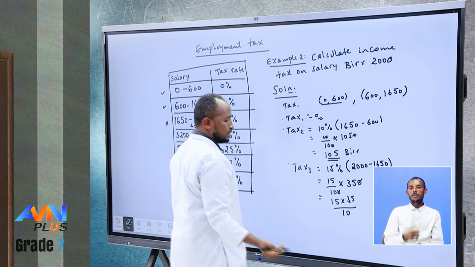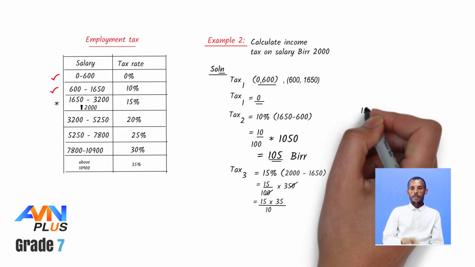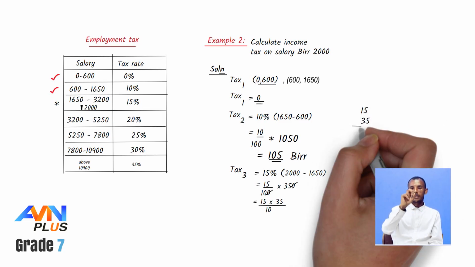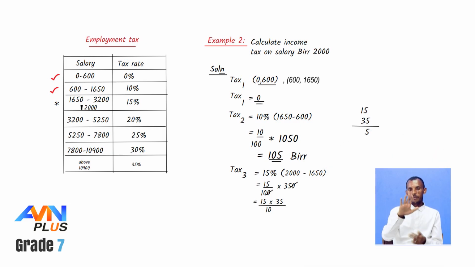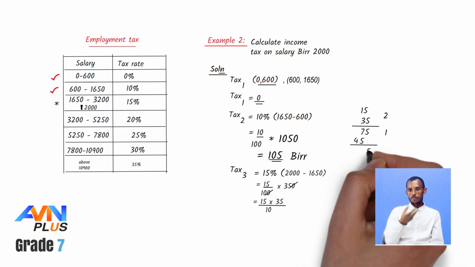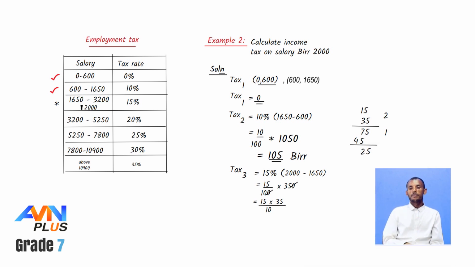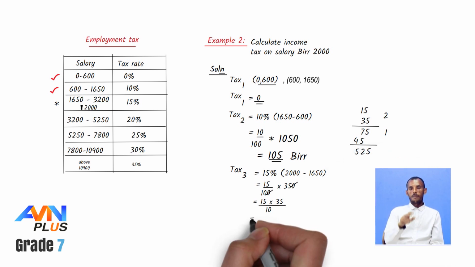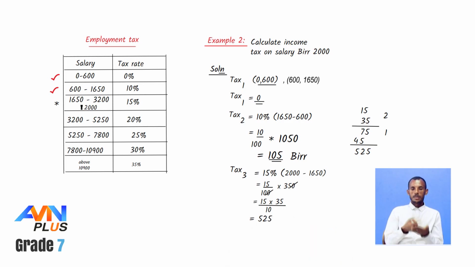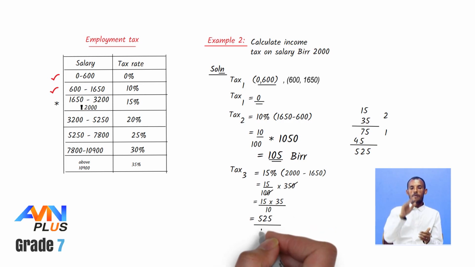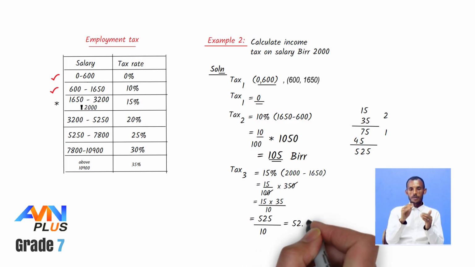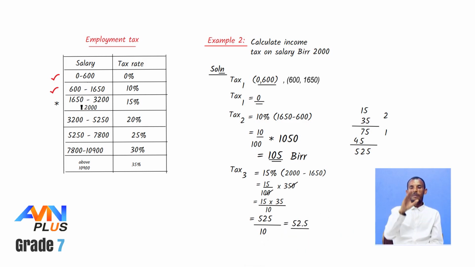Let's multiply these two. 15 times 35: 5 times 5 is 25, 5 times 1 is 5 plus 2 is 7, 3 times 5 is 15, 3 times 1 is 3 plus 1 is 4, so 525. So this will be equal to 525 over 10, which gives us 52.5.